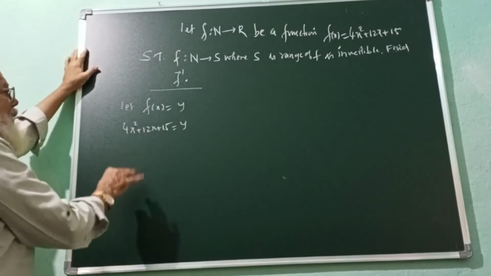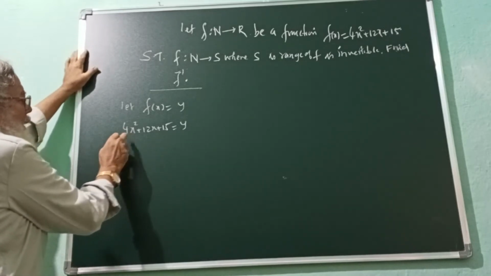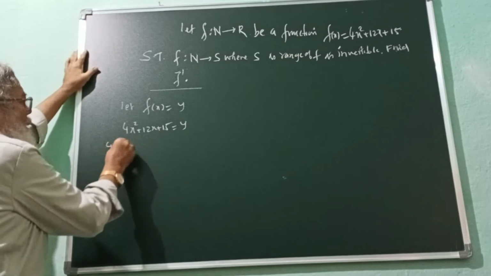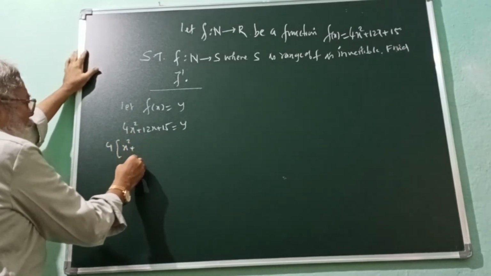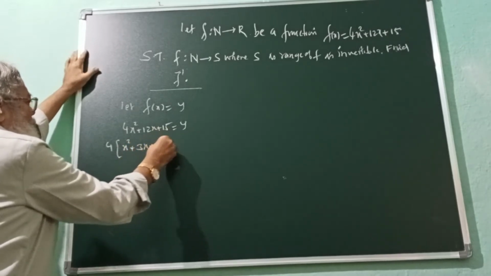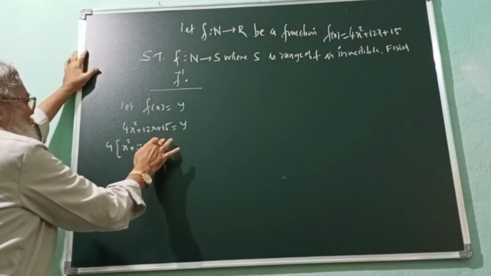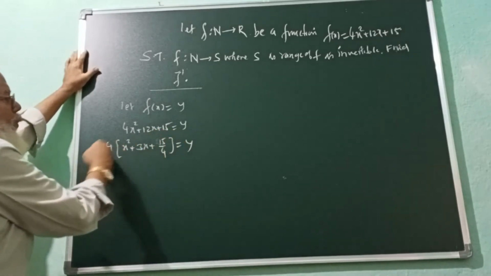For this, the method is like this. Take out the coefficient of the square degree term: 4 times x square plus 3x plus 15 by 4 is equal to y.